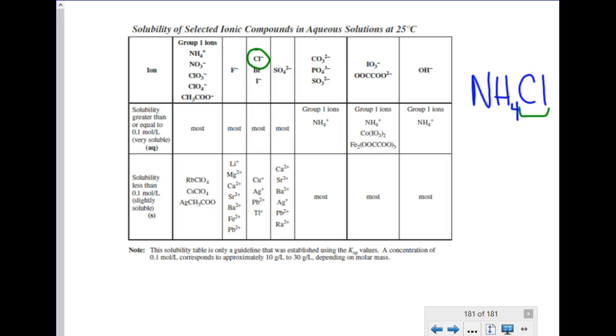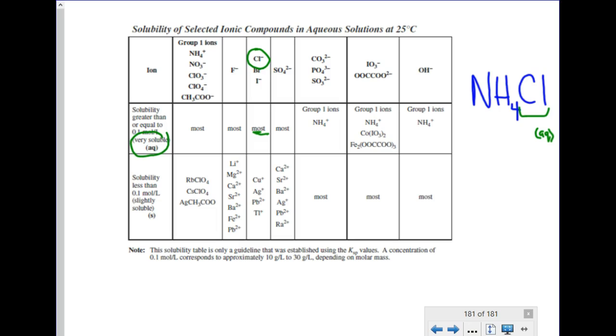You've got Cu, Ag, Pb, and Tl down here. None of these is ammonium. Therefore, it fits into this group, which means that if you mix it with water, it will dissolve very well. And it gets the AQ symbol beside it.